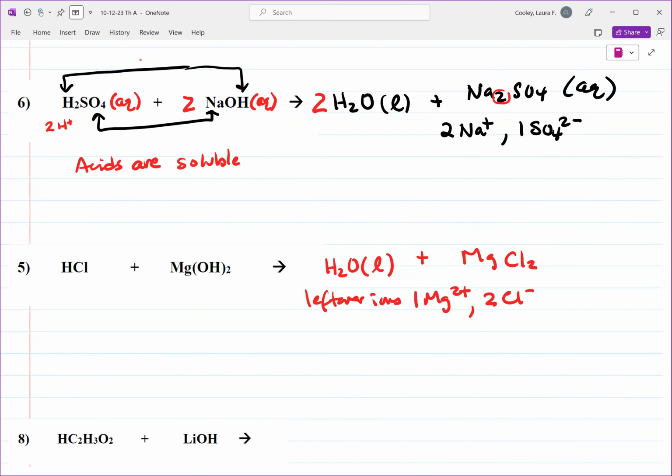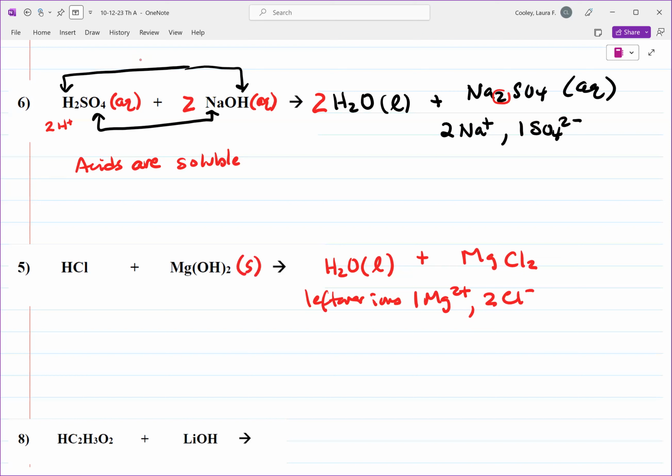So what is the phase of magnesium hydroxide? So hydroxides are generally insoluble. It's in the second group of compounds. But when hydroxide pairs with calcium, with magnesium, oh, no, it's no exception. So this is actually solid.